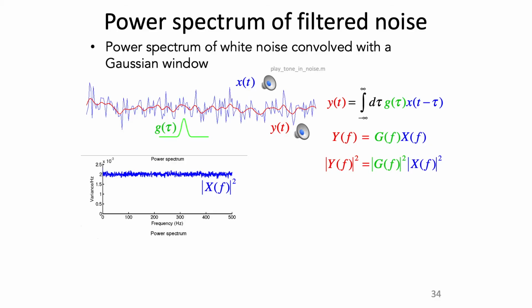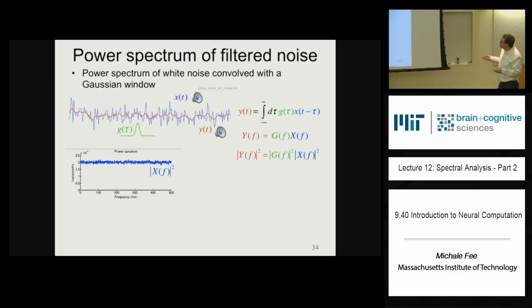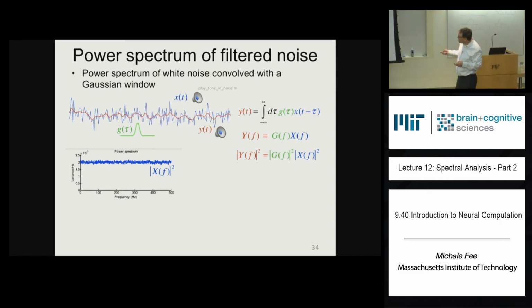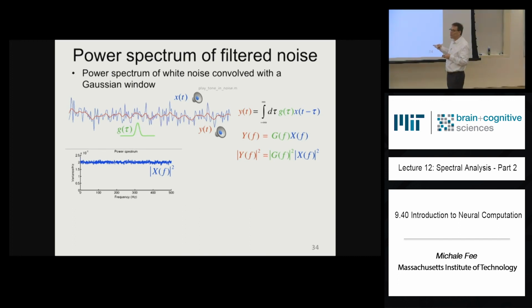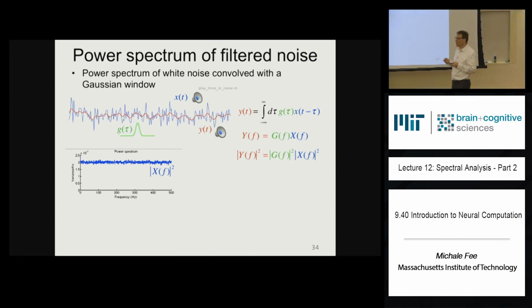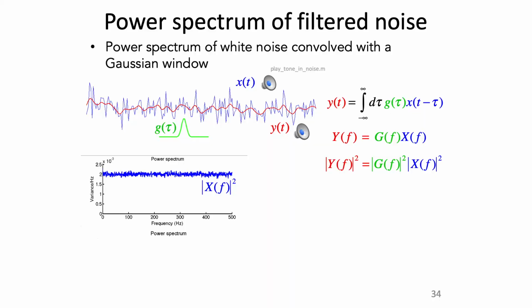Okay, so here's the power spectrum of the original signal in blue. In order to get the power spectrum of the filtered signal in red, we're going to multiply that by the magnitude squared Fourier transform of this. What do you think that looks like? So this is a little Gaussian filter in time. What is the Fourier transform of that going to look like? The Fourier transform of a Gaussian is a Gaussian. So the power spectrum of that kernel is going to just be a Gaussian.